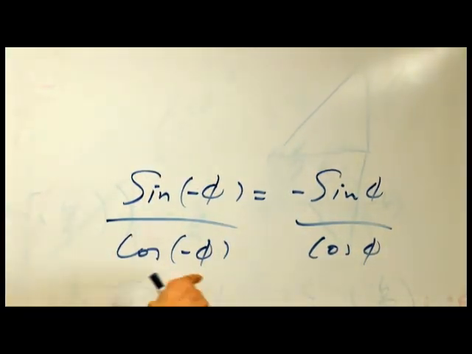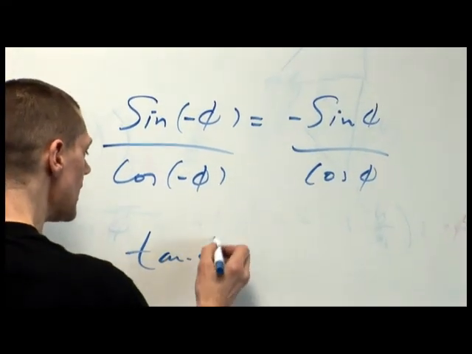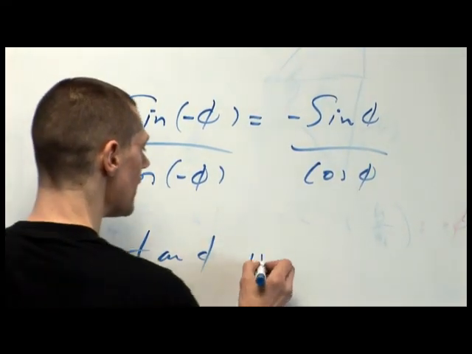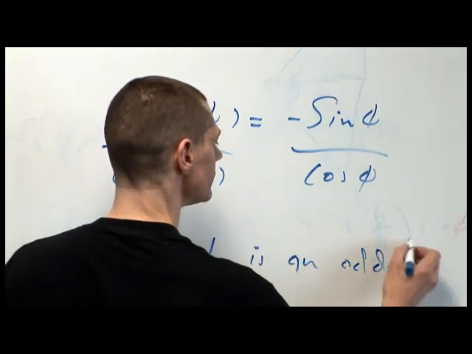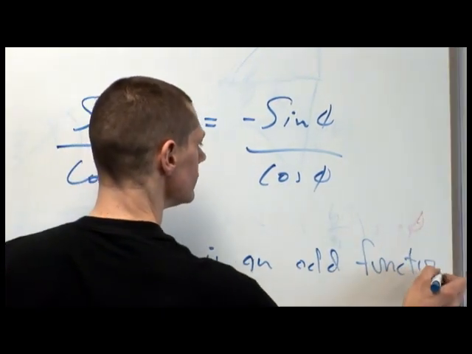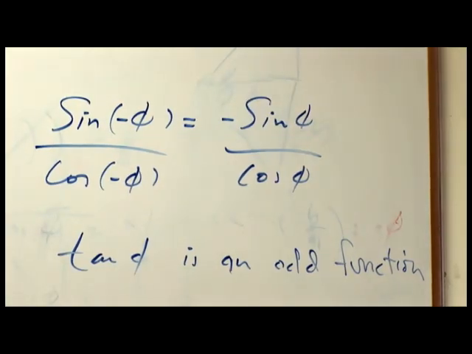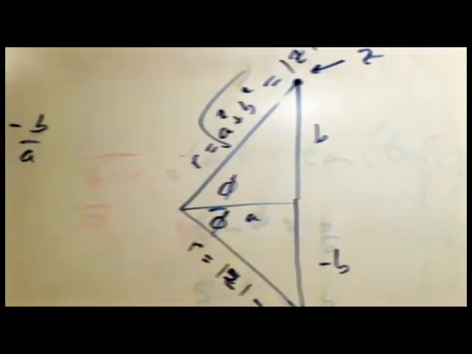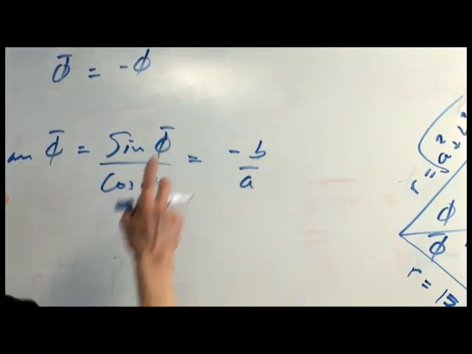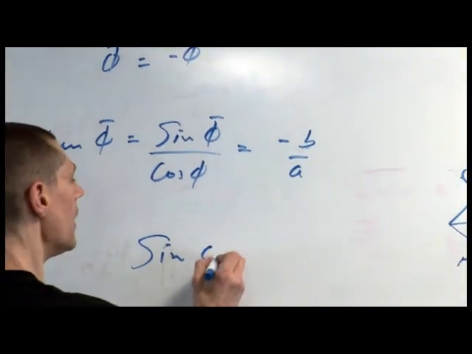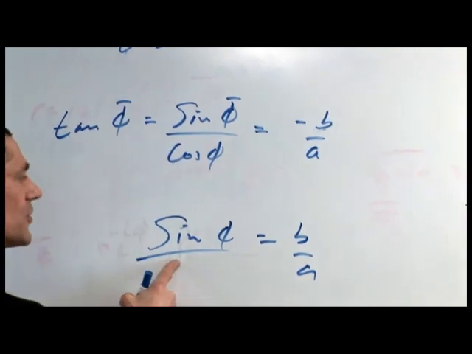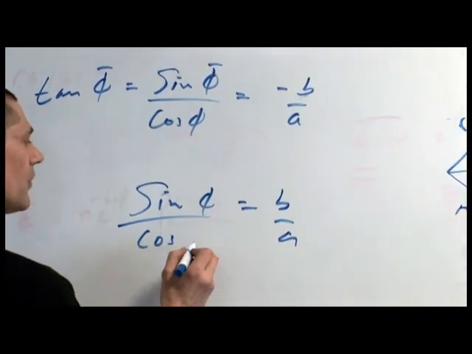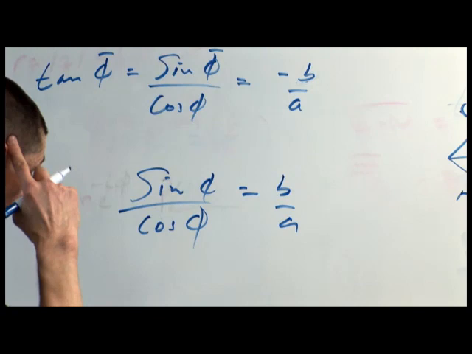So what do we have here? Tangent theta is an odd function. So I can really write this like this. I know that the tangent of theta, which is sine theta over cosine theta, is b over a.